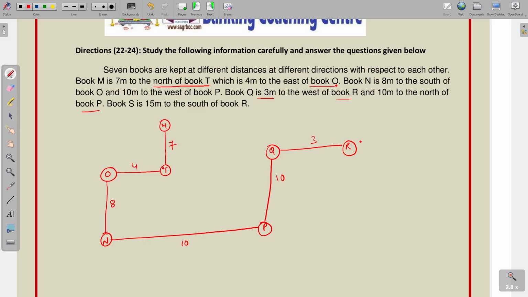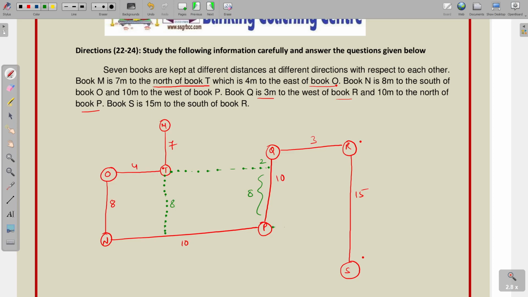And next, S is 15 meters to the south of R. See, from here to here it is 8 meters, and from here to here it is also 8 meters, and it is 2 meters.